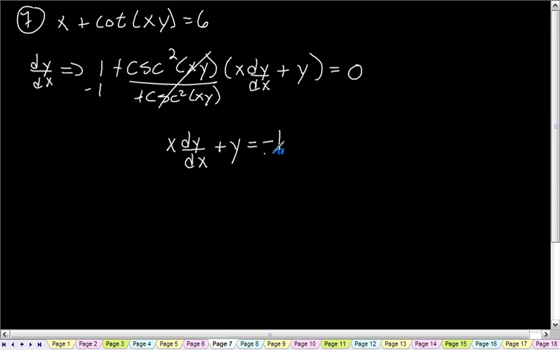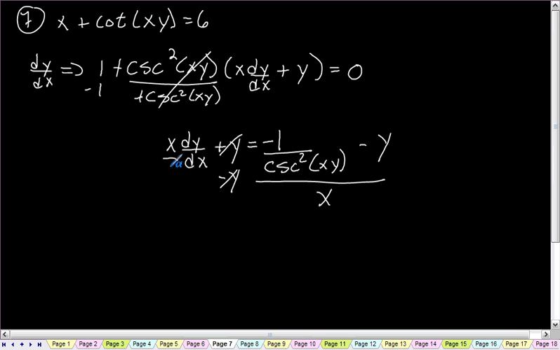And then we divided everything by cosecant squared xy. That is a trigonometric identity, but I forgot what it was. But this goes with sine. Where am I? Oh yeah, that stays the same. Now I subtract a y from both sides. That cancels out with that. And then I divide both sides by an x.